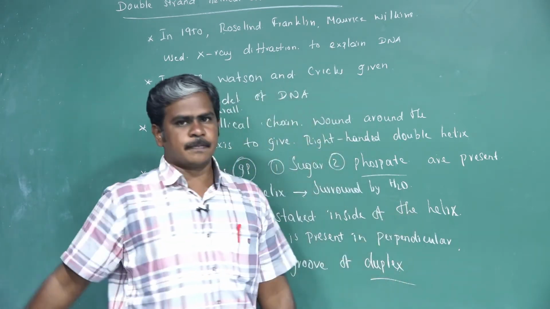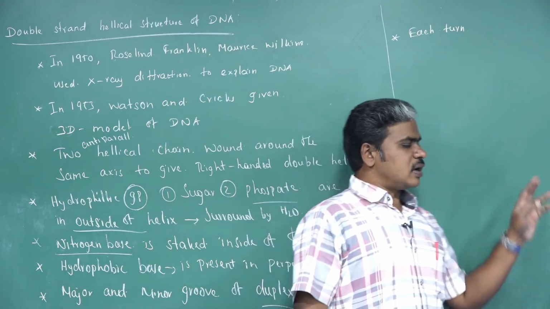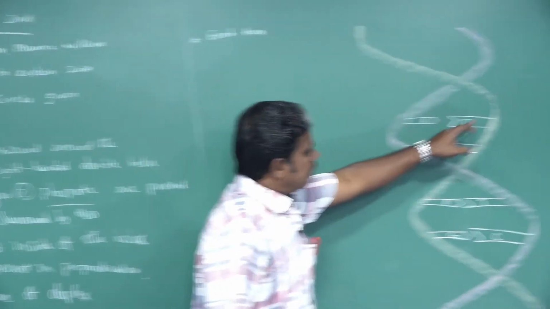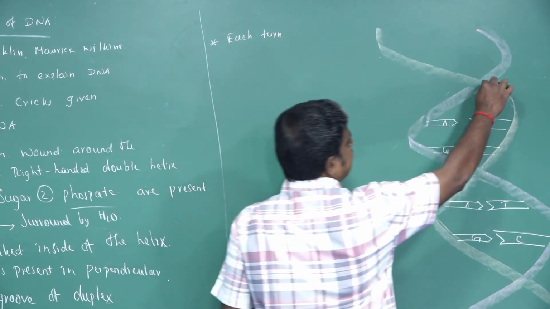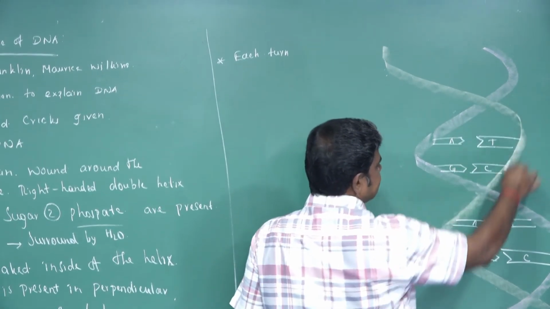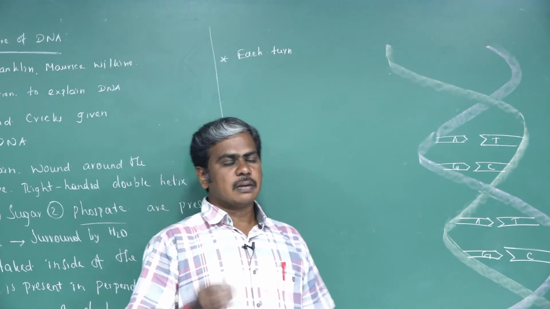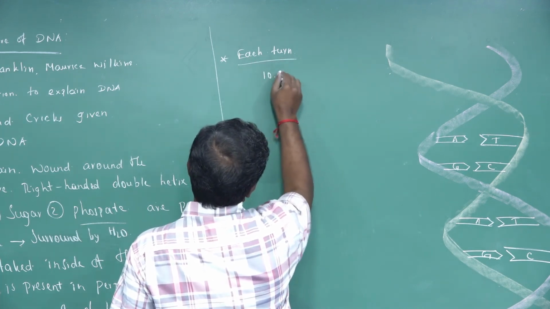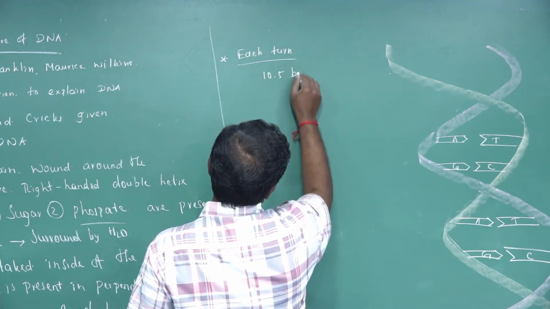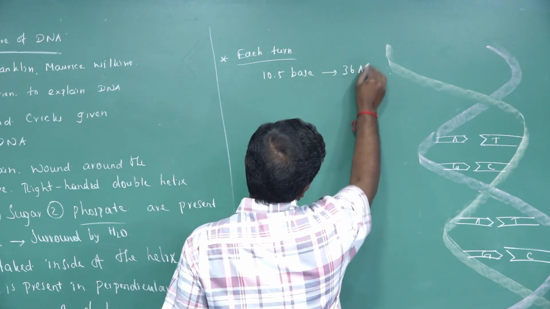We may take the double helix structure of DNA, and this is the double helix structure. Each turn contains 10.5 bases. So each turn has 10.5 nitrogen bases, and it has a length of 36 angstrom.